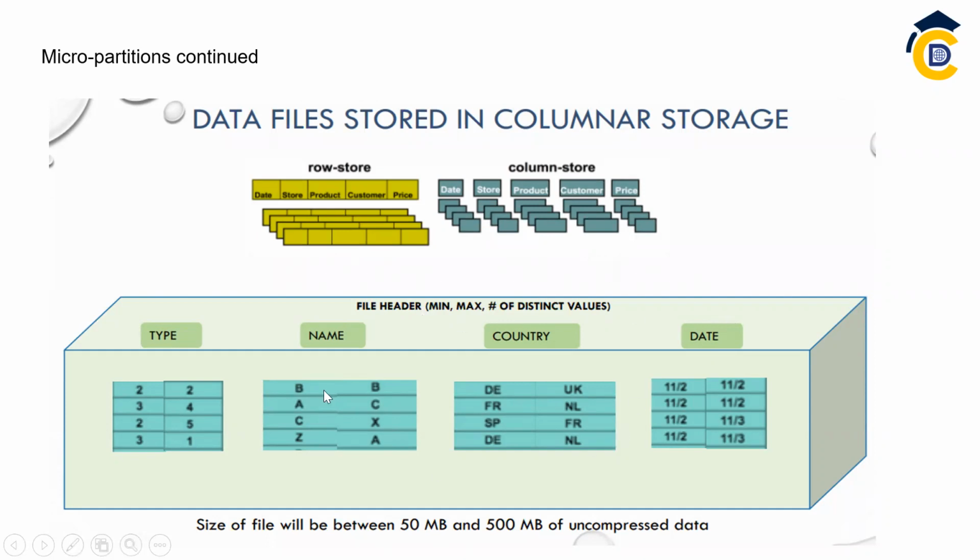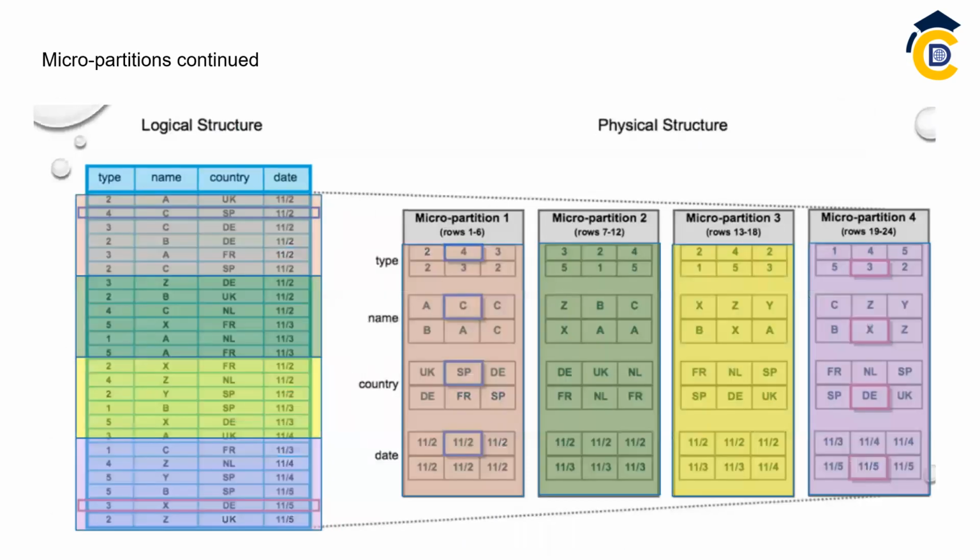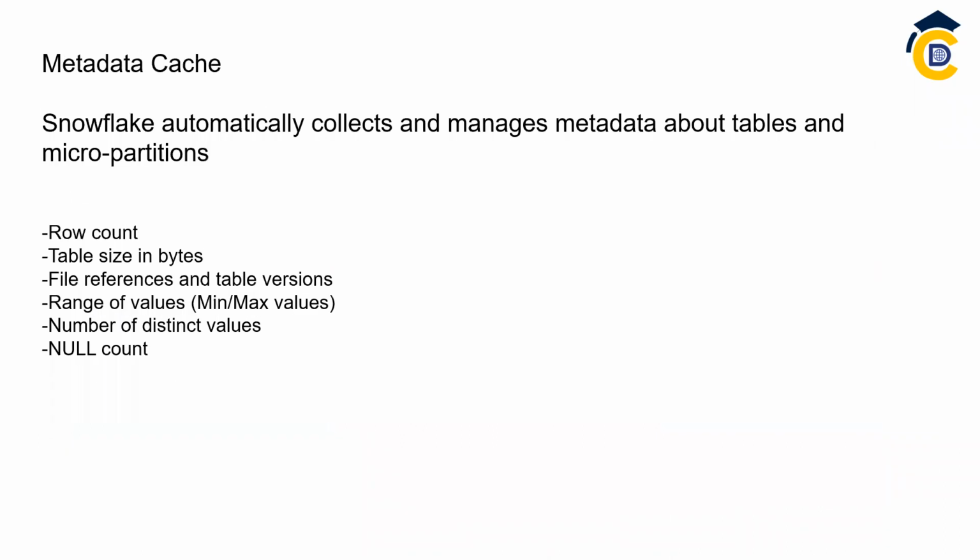So this is one MicroPartition, suppose, and it will have a header where it will say minimum value, maximum value, and number of distinct values for each column. Number of distinct values. Okay, so it will not hold the values, only the total number of distinct values, right?